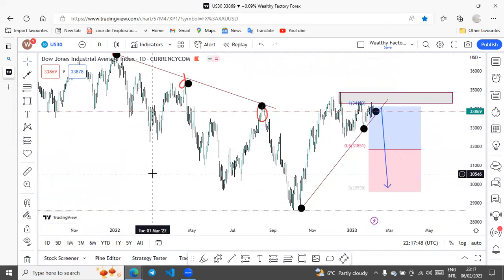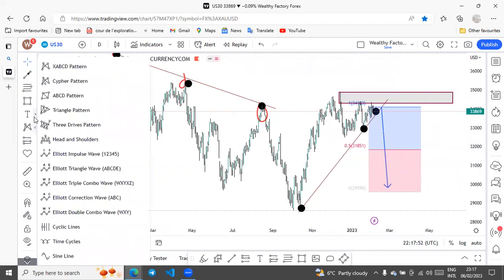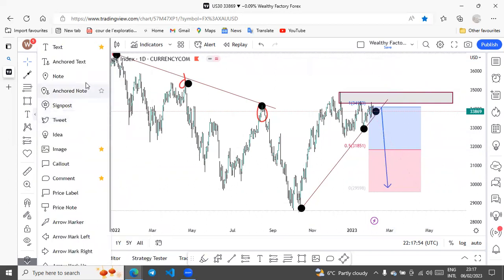So let's move on to the next one, which is text. If maybe you want to label the price of the market, where you expect the market to come, the take profit, stop loss, this is where you find the text from. So you have the text, then you have image.